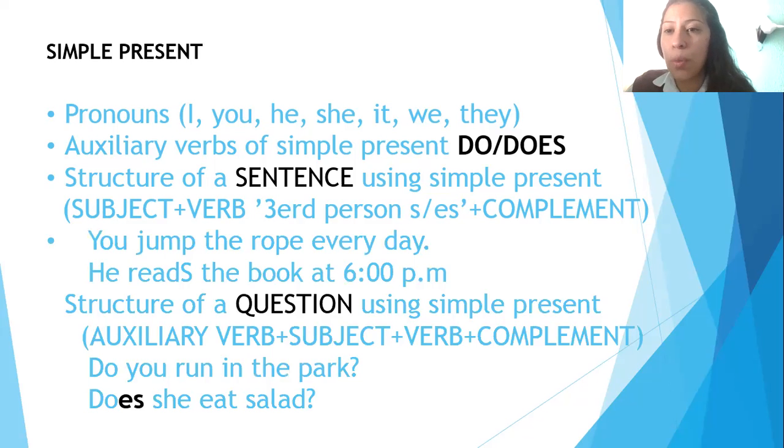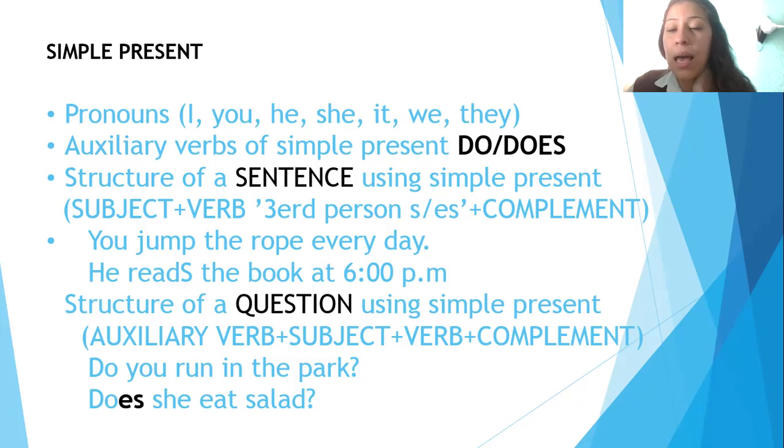And here are some examples. Remember that we're going to use simple present for daily activities, for routine, for activities that I'm doing every single day. So for example, you jump the rope every day. Why doesn't my verb change here?